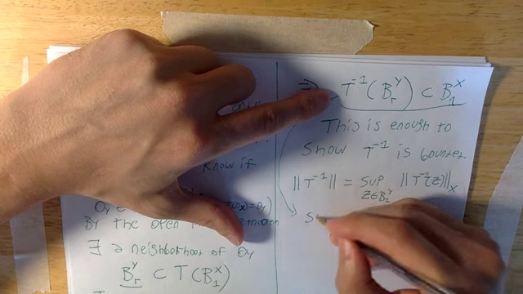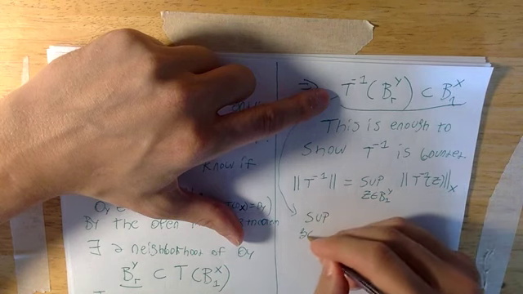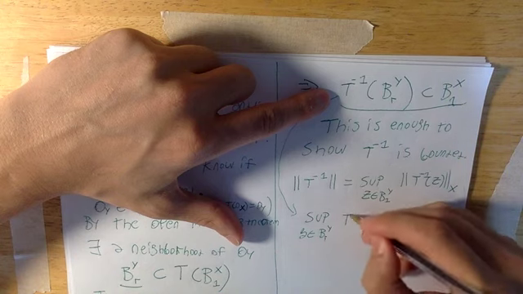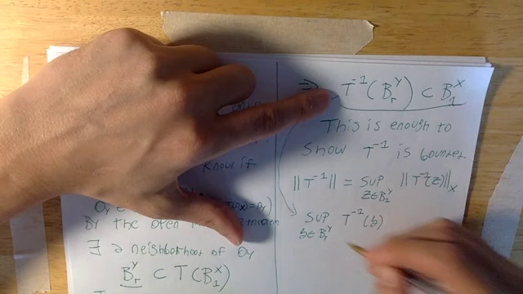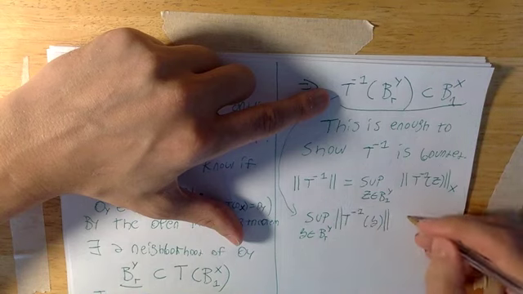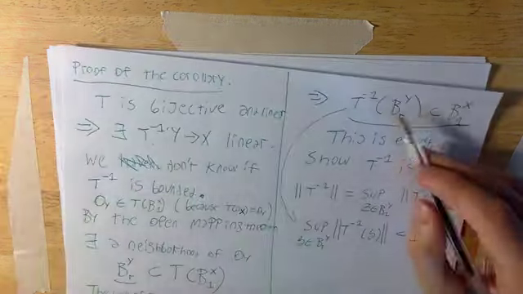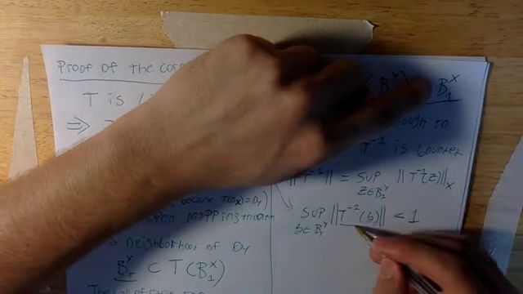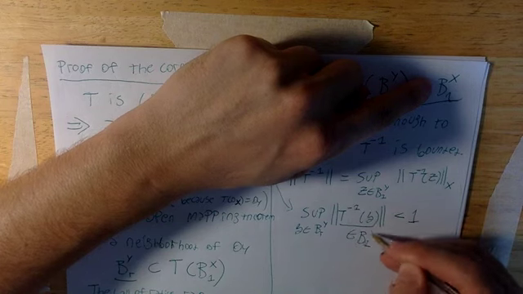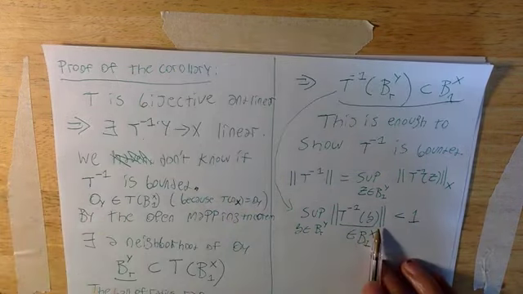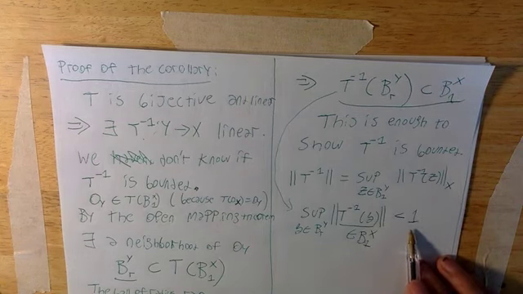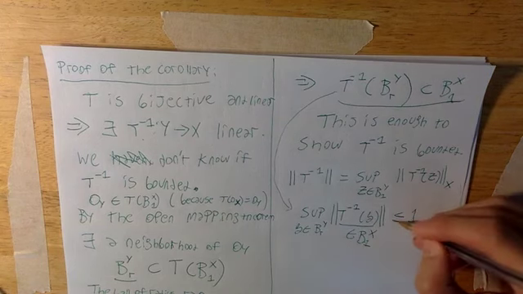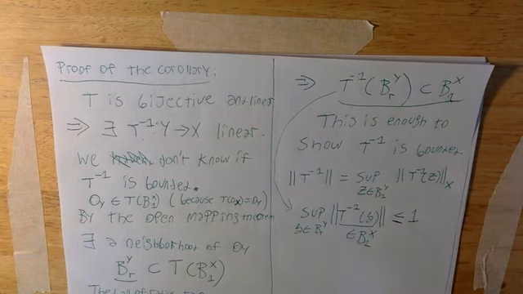We have that the sup of y in BR y of T inverse of y in norm has to be less than 1, because the image of BRY is contained in B1x. So all of these guys are in B1x. Hence, the supremum of the norm of all of them has to be less than 1, because the norm of all of them is bounded by 1. So the supremum is less or equal to 1. Okay, so the norm is less or equal to 1.